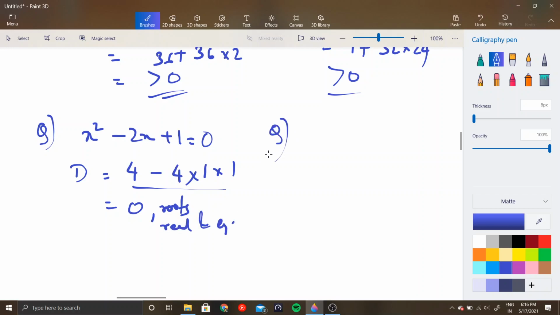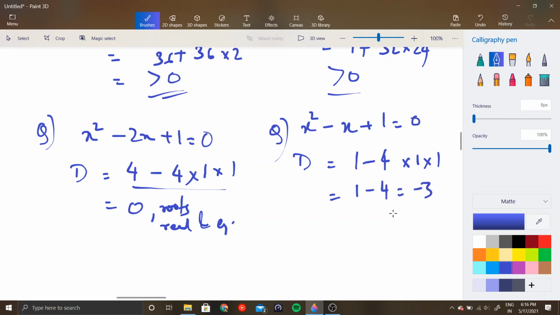Next question, x square minus x plus 1 equal to 0. In this case, discriminant is b squared minus 4ac. So this is 1 minus 4, this is minus 3, this is less than 0. So roots are not real.